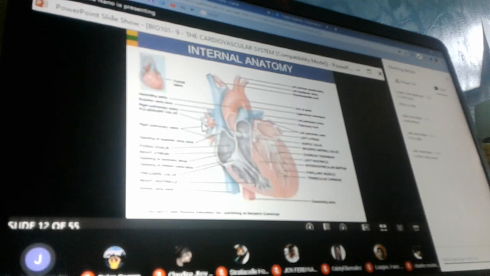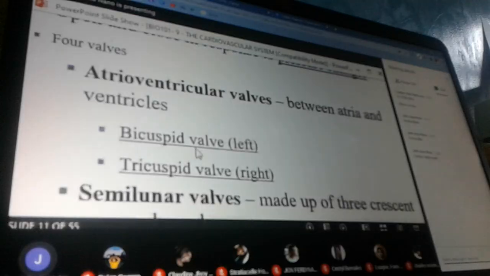So, they are generally categorized into two. We have the atrioventricular valves, and then we also have the semilunar valves, okay? So, yung atrioventricular valves, class, they are located between our atria and the ventricles. So, for the atrioventricular valves, we have the bicuspid valve sa left na side, and then we have the tricuspid valve sa right na side.